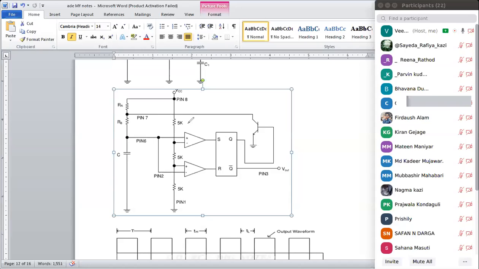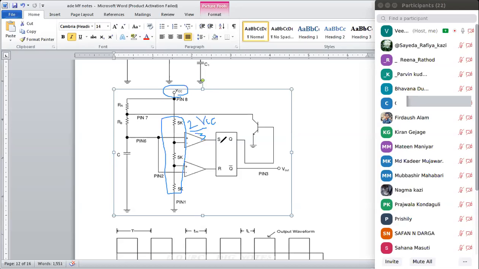There are two resistors, 5 kilo ohm and 5 kilo ohm, that is 2 divided by 3. Total how many 5 kilo ohm? 3. Into the input voltage, VCC.